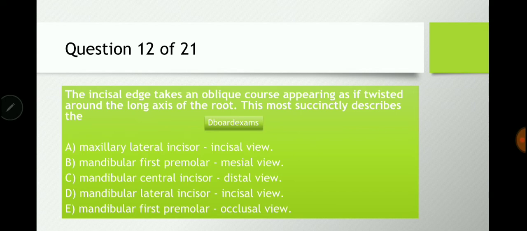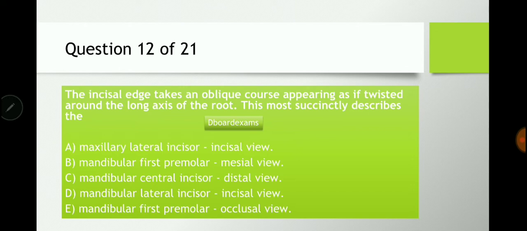Question 12 of 21. The incisor edge takes an oblique course. I should have highlighted here oblique course, appearing as if twisted, so also highlight twisted around the long axis of the root. This most succinctly describes, so you have to know dental anatomy here. You have to look at the teeth. You can look at the plastic teeth, but usually it helps to look at natural teeth.